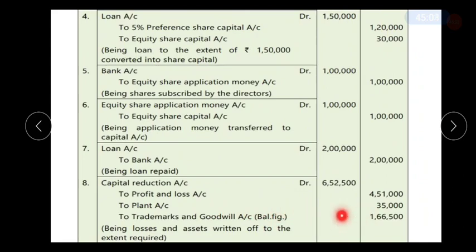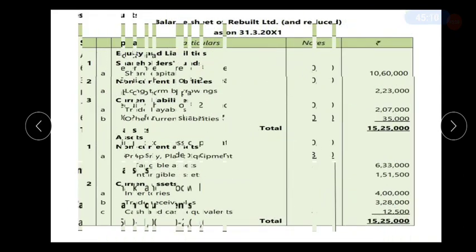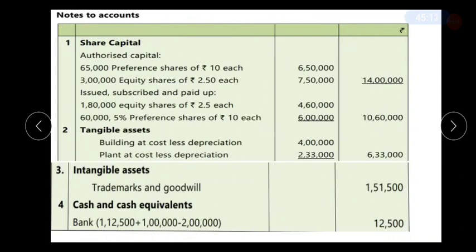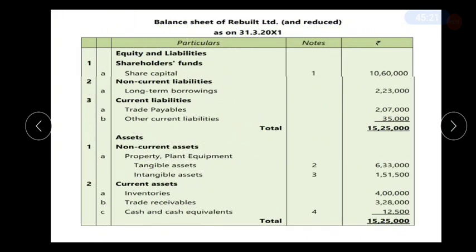We have reduced 1,66,500 here. We have written it off. So how much is the balance? Intangible 1,51,500. So we need to take them into the balance sheet. So here we have taken that into the balance sheet. So 6,33,000 tangible assets, 1,51,500 intangible assets.